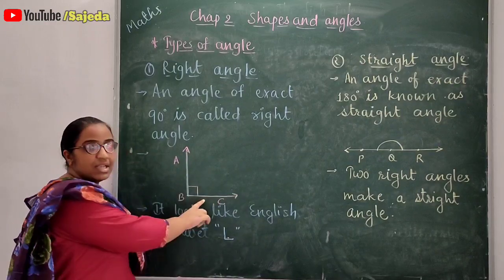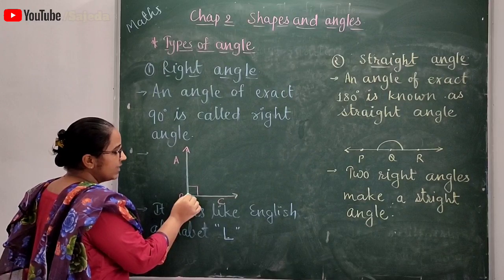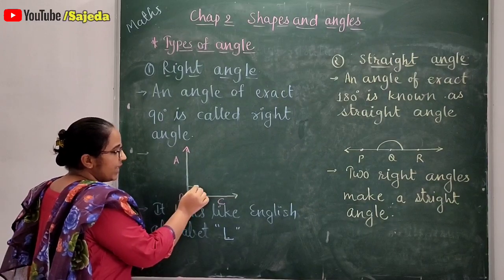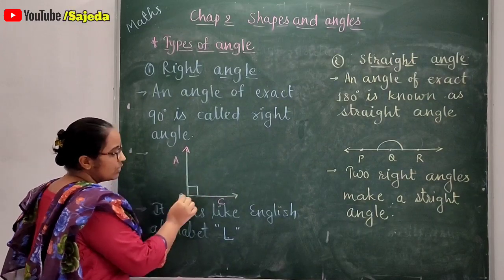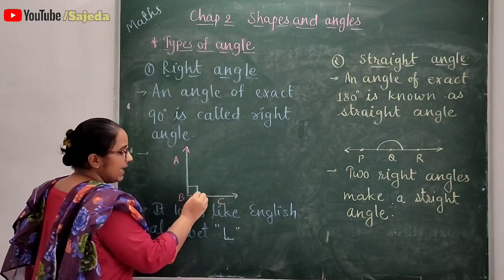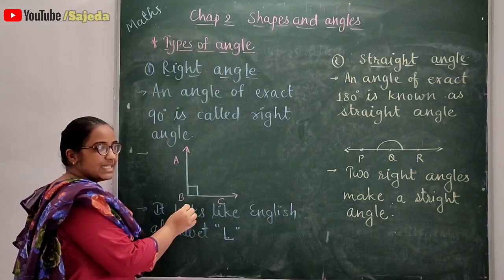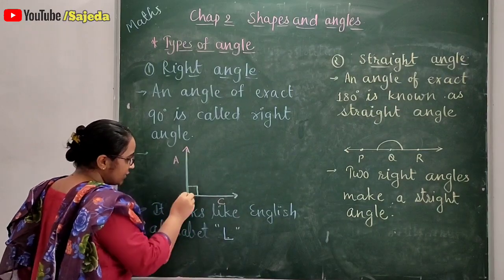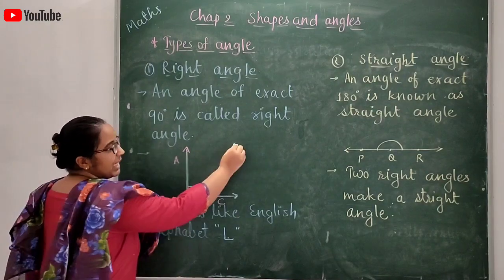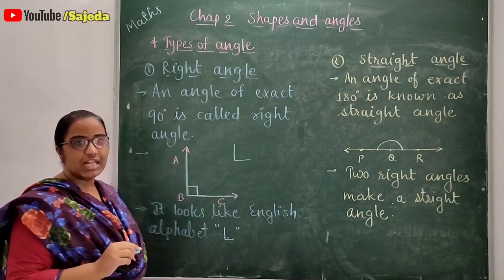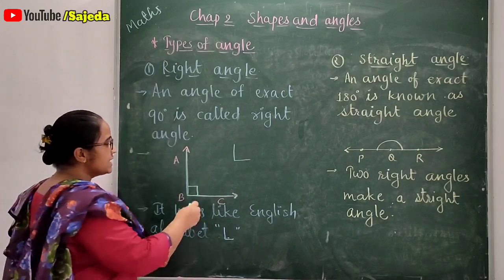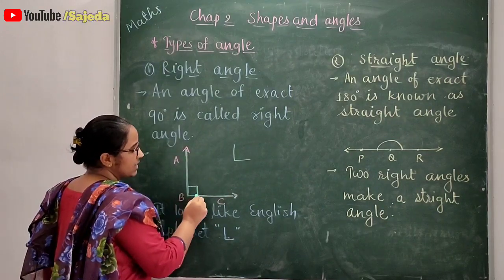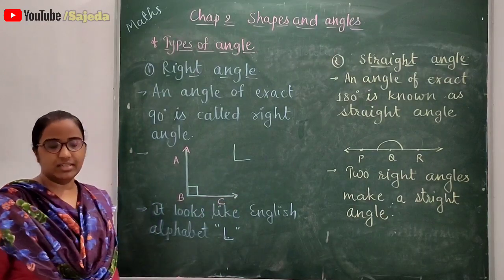These both are arms of the angle, and at the point B they meet each other, so it is called the vertex, and this is the angle. You can see that these both rays are perpendicular and they form an L shape, the English alphabet L. That's why this type of angle is known as a right angle.